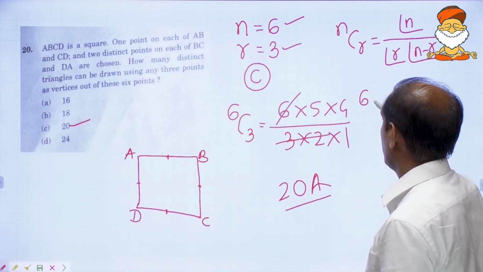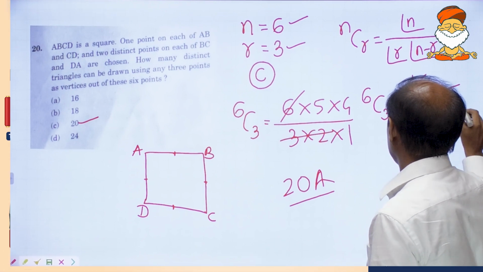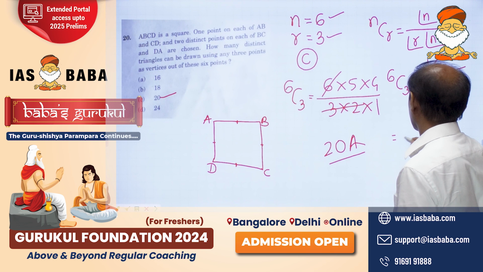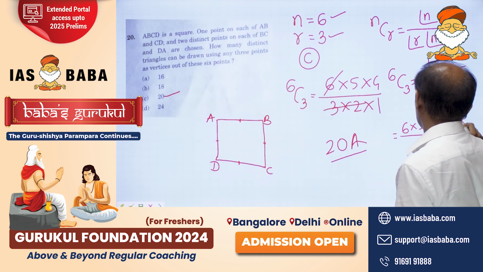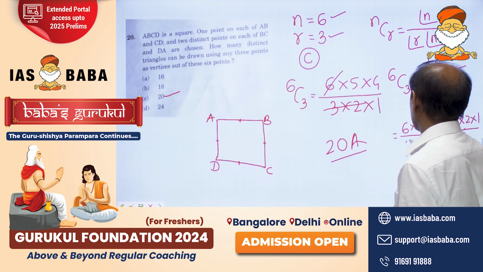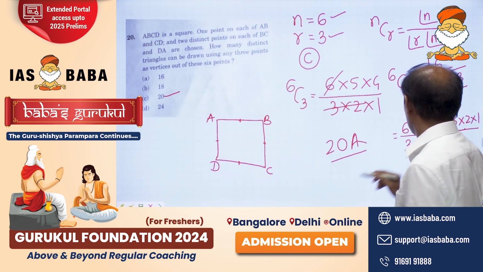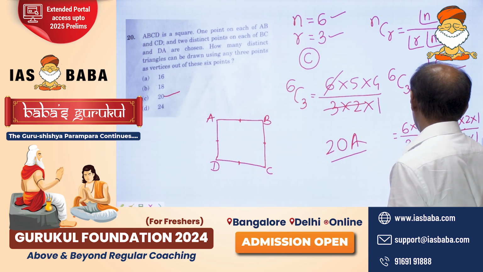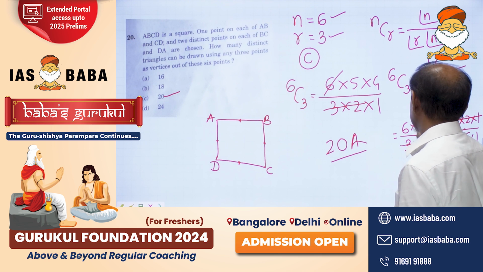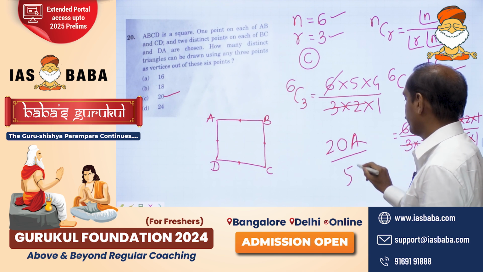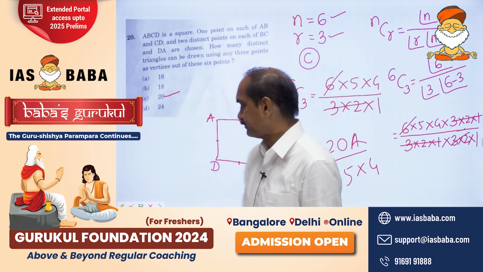So if you use the formula, what happens? 6C3: 6 factorial over 3 factorial times 6 minus 3 factorial. 6 factorial, 6, 5, 4, 3, 2, 1. 3 factorial, 3, 2, 1. 6 minus 3 is 3 factorial, which is again 3, 2, 1. 3, 2, 1 and 3, 2, 1 will go. 3 twos are 6, 6 will go. 5 into 4. Again the answer is the third option, 20. Right?